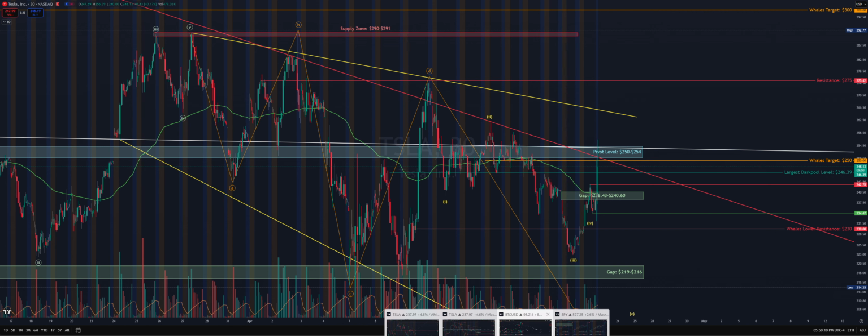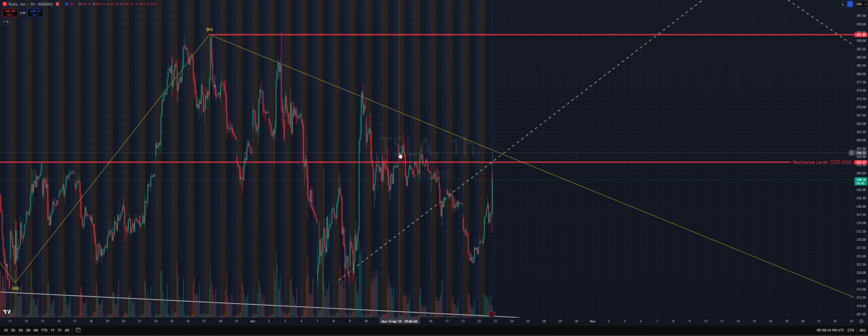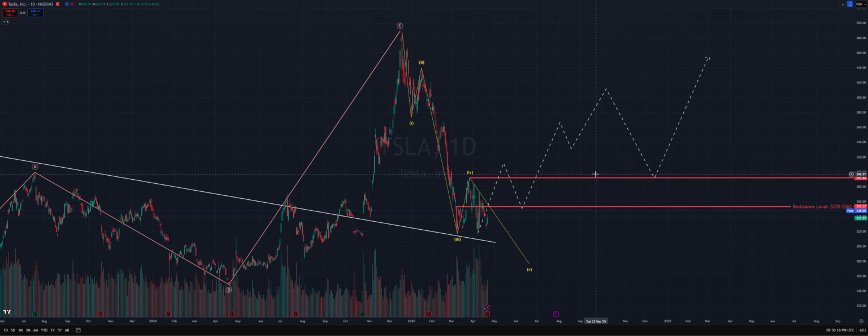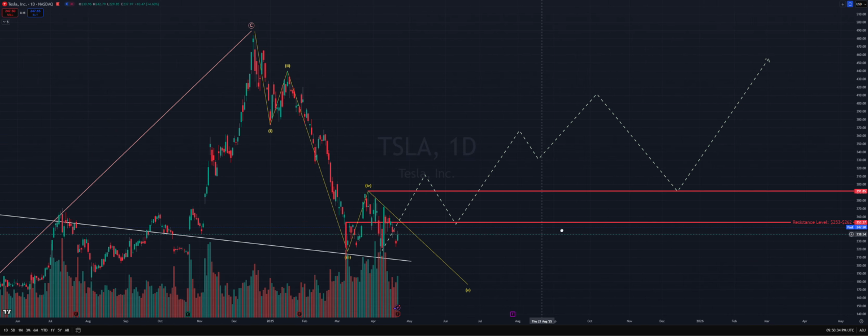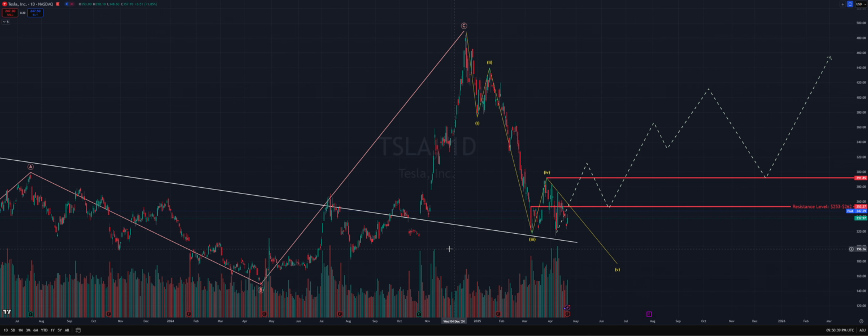You want to break this level here, this wave 4, which is 291, to invalidate that level, because right now that's wave 4, and unless you're above this level, you have not invalidated it. You haven't done so yet. So that's just something I am being cautious of at the moment. There's no confirmation of this trade moving up.